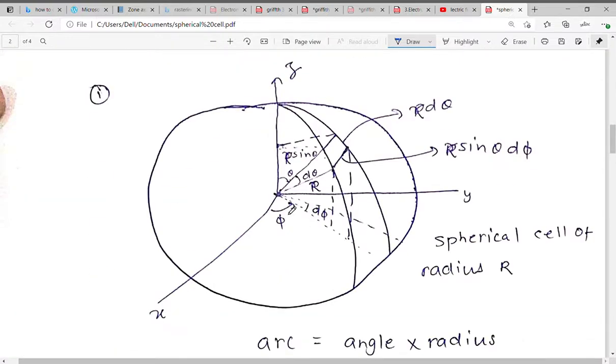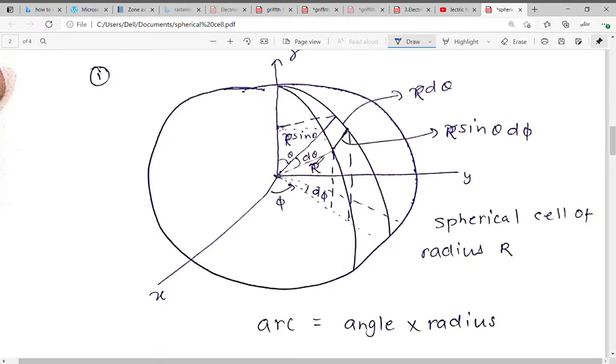This area element comes from spherical coordinates. This is the r, and if we assume this area element dA and this is the angle theta, and we know a small change d theta, so this is r.